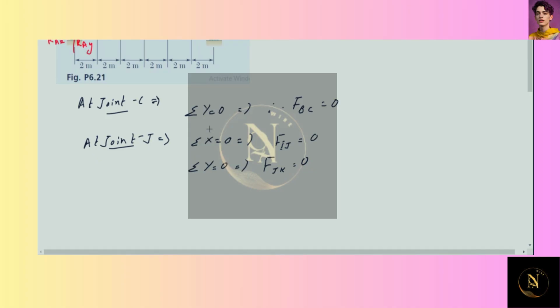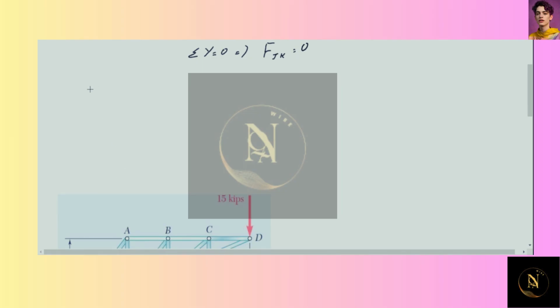Joints having two collinear members, the third member will be a zero force member if no external components act along this member. And at joint I, the summation along y equal to 0 gives you FHI equal to 0.